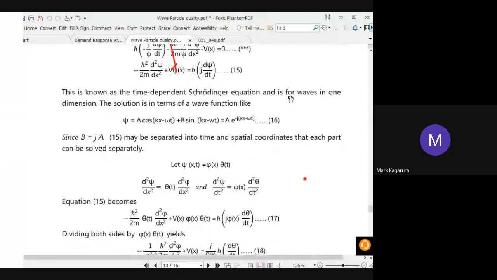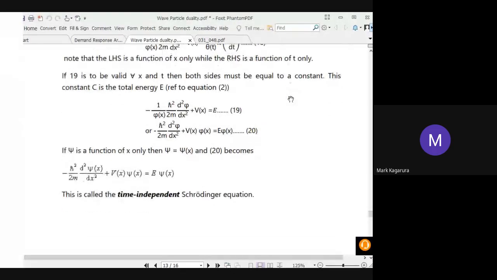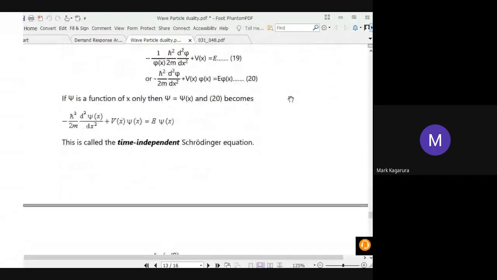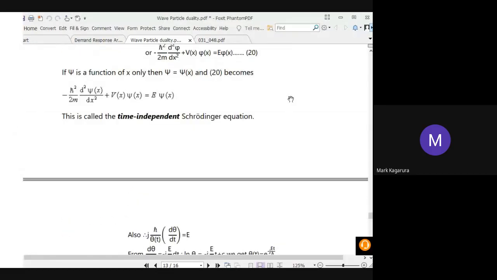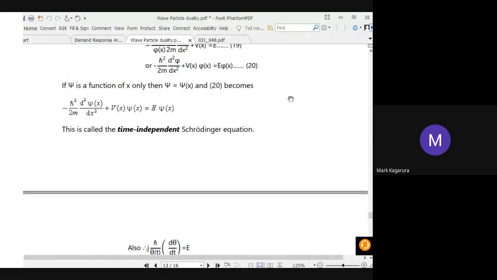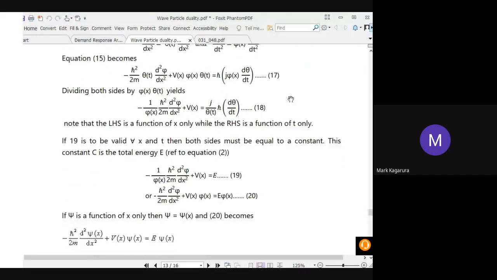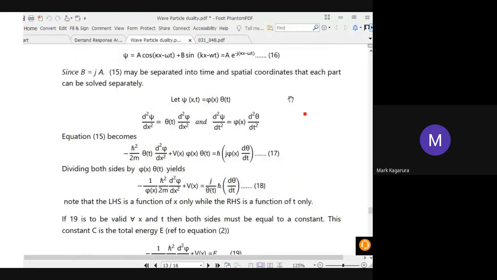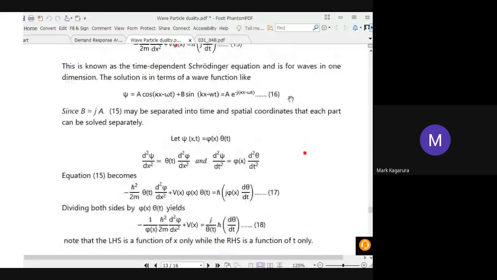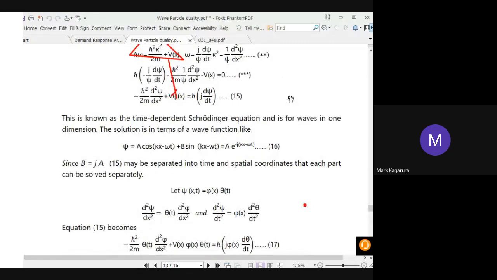It yields the same thing, the same equation, time independence, and then the time dependence. Okay, you will just correct a few things. There's no need to correct much.